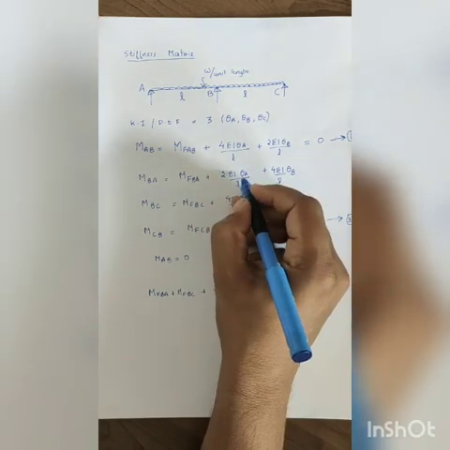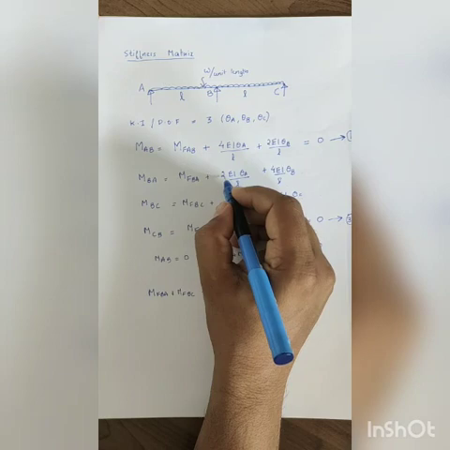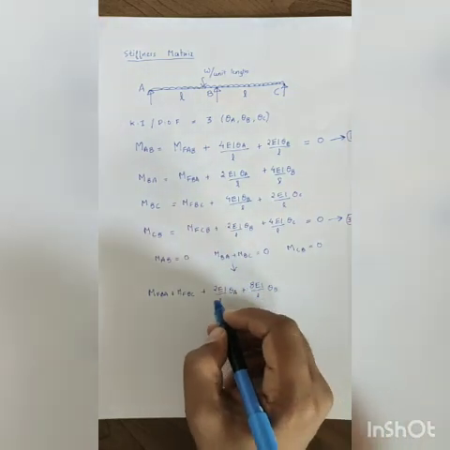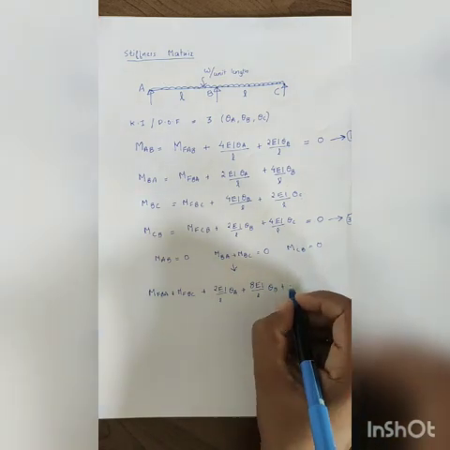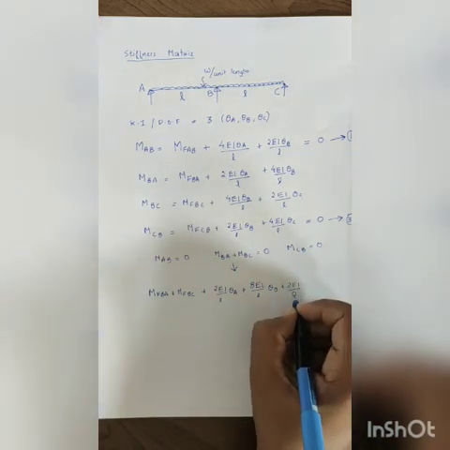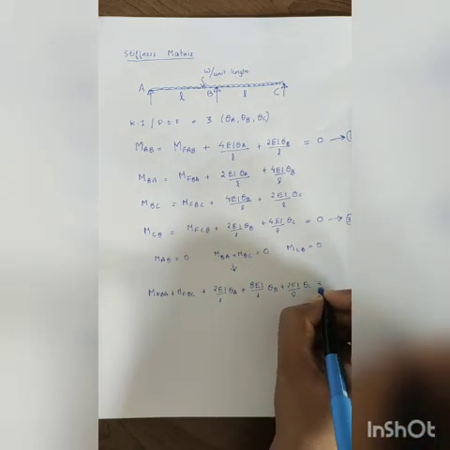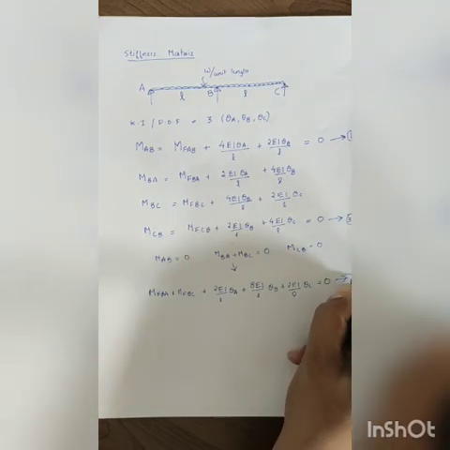Here theta A is coming only once, that is 2EI theta A by L, plus 2EI by L theta C is equal to 0. So I am calling it my second equation.